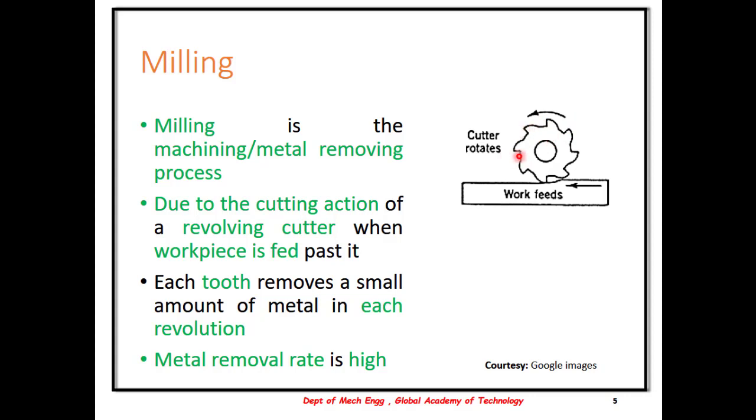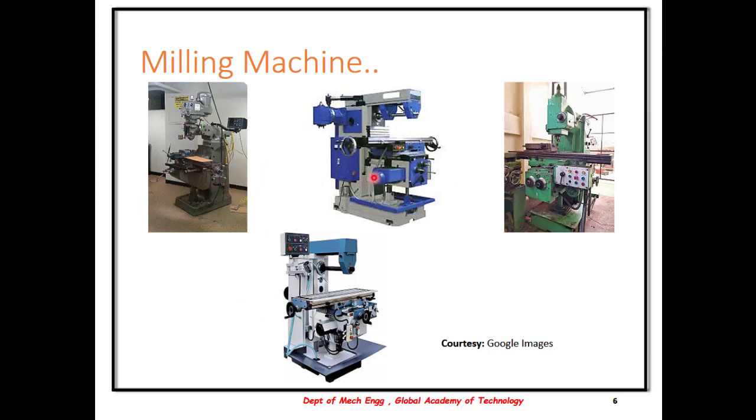Each tooth removes a small amount of material or the metal in each of its revolutions. The milling machine has a higher material removal rate and is widely preferred over other machining operations. A milling machine in its form looks like this.